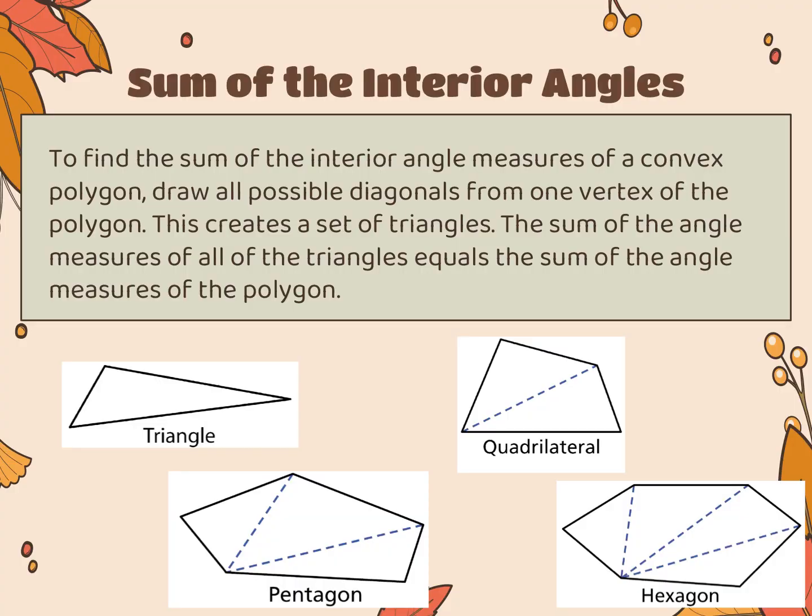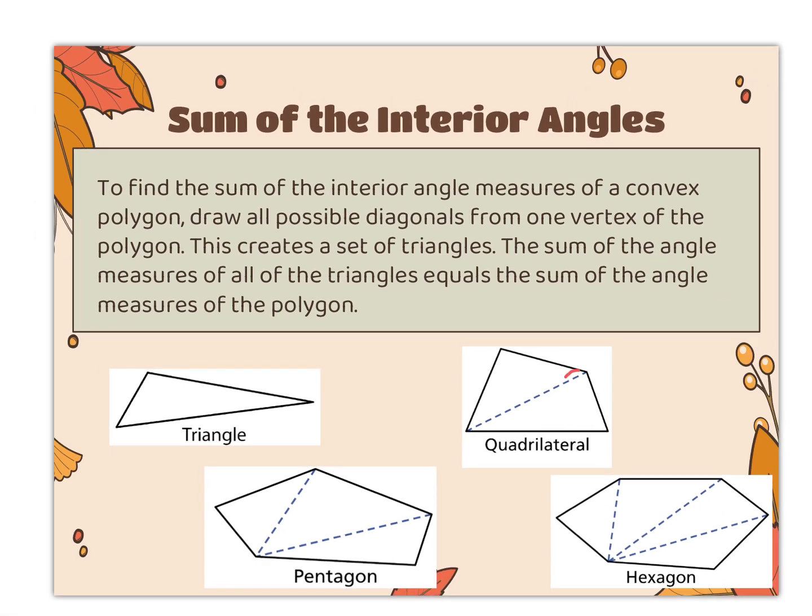Remember when we learned that the sum of the interior angle measures of a triangle is 180 degrees. If you draw all the possible diagonals from one particular vertex, you can create a bunch of triangles. The sum of the angles of each triangle is 180. So if there are 3 triangles, it'll be 3 times 180.